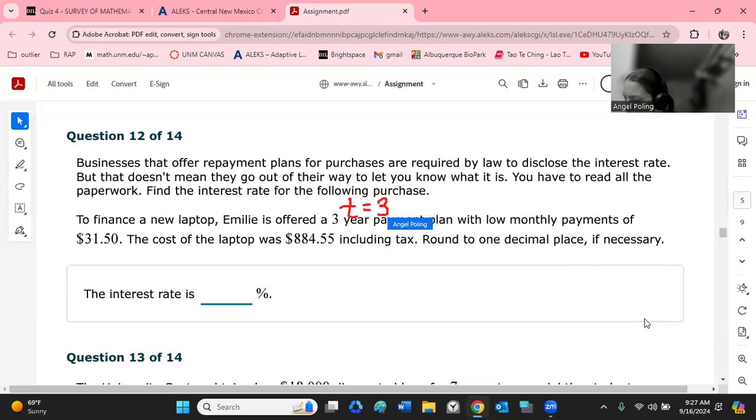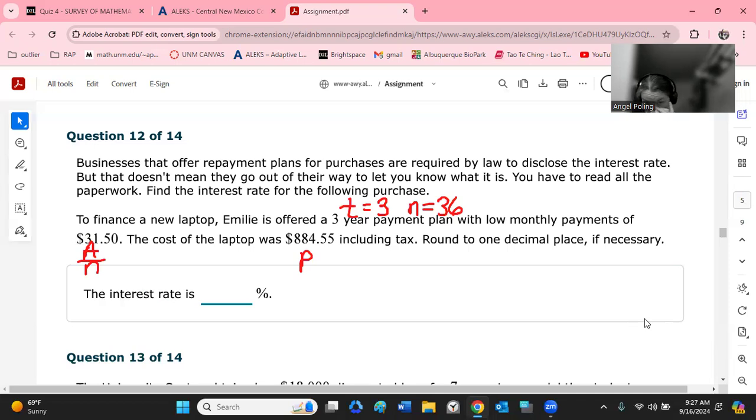So T equals 3 means there's 36 months with low monthly payments of, so that value there is what we call A over N. So that's the left-hand side of the equation. The cost of the laptop was P, $884.55 after tax, round to one decimal place if needed.